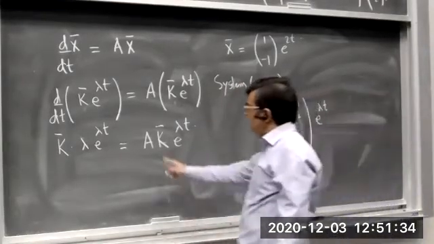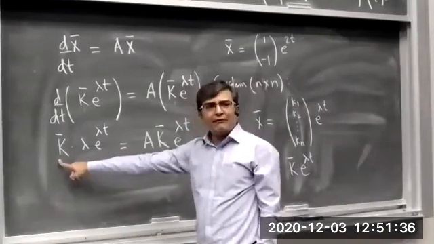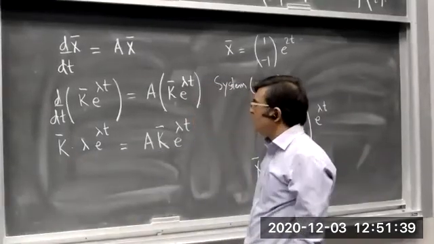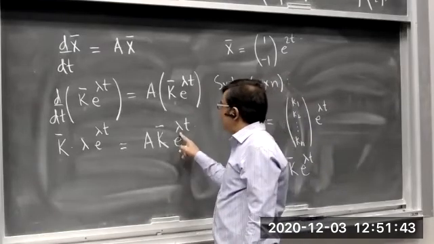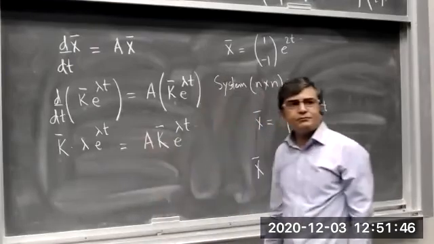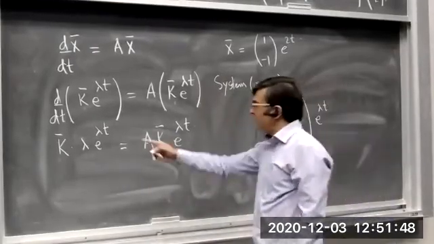Now, this is a k vector and this is a k vector, so that is identical. e raised to the power lambda t on both sides is also identical.